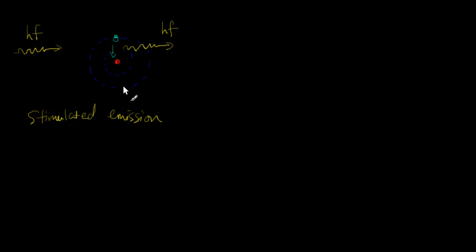Now, when a stimulated emission happens, the emitted photon would move in exactly the same direction as the incoming, the outside photon that hits it. In terms of the wave nature of the photons, they would be coherent.